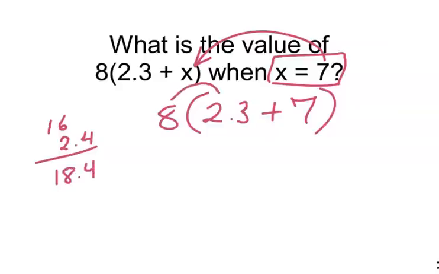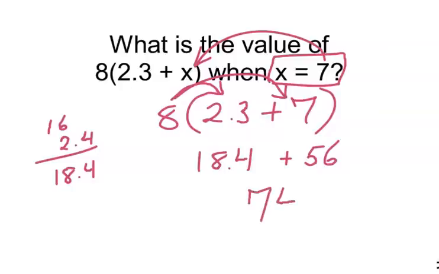So I can have 18.4 for the first one, and then 8 times 7, well, we know 8 times 7 is 56. All right, so I distributed 8 times each one of these, and now all I have to do is add those together. So if I have 56 plus 18.4, that ends up being 74.4.